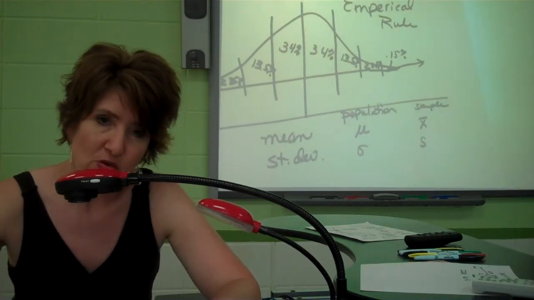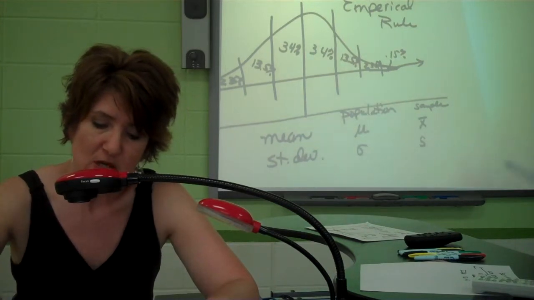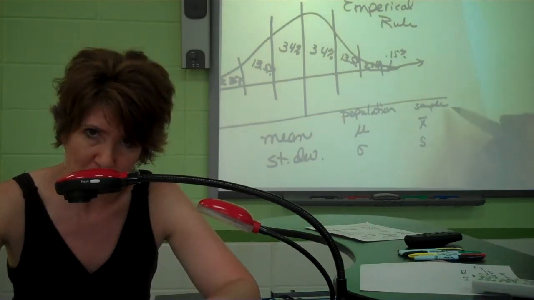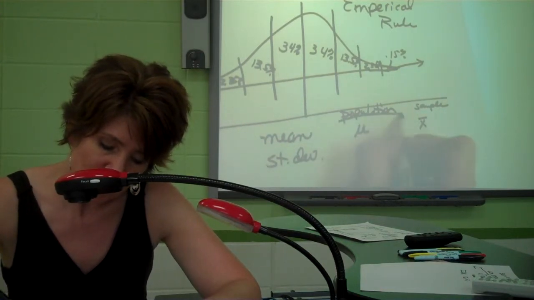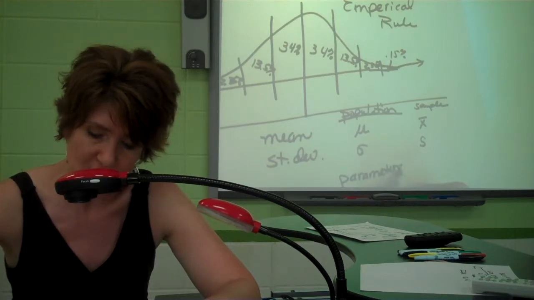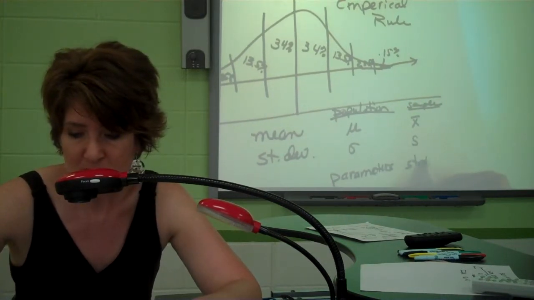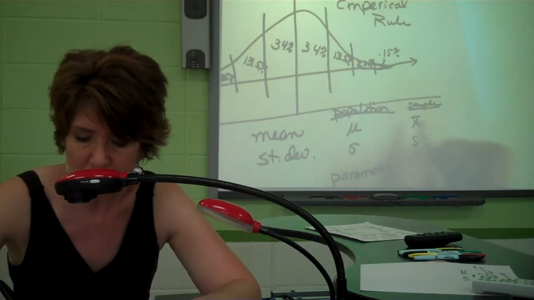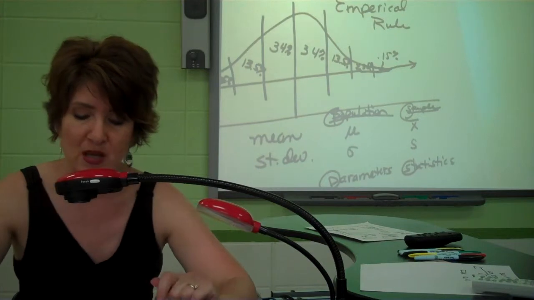Okay, so Greek letters for the population numbers, Roman letters for the sample numbers. Things that come from the population, the real deal, are called the parameters. Things that come from a sample are called statistics. Now, isn't that convenient? S, S, T, T.